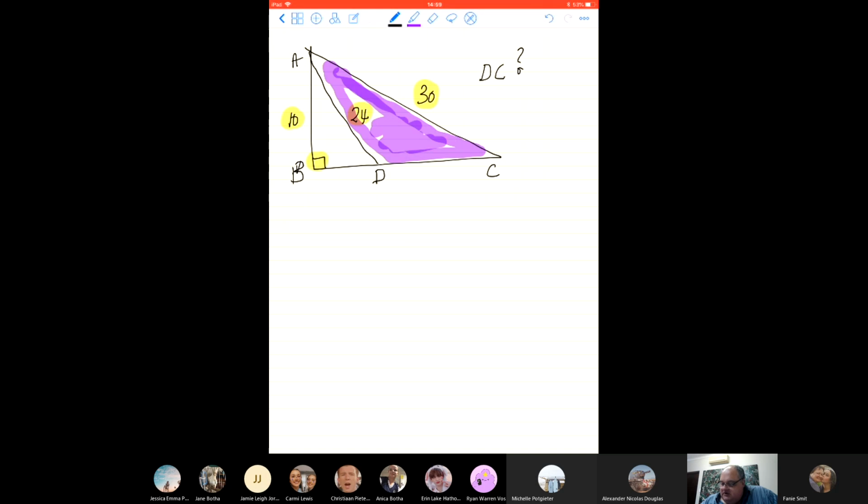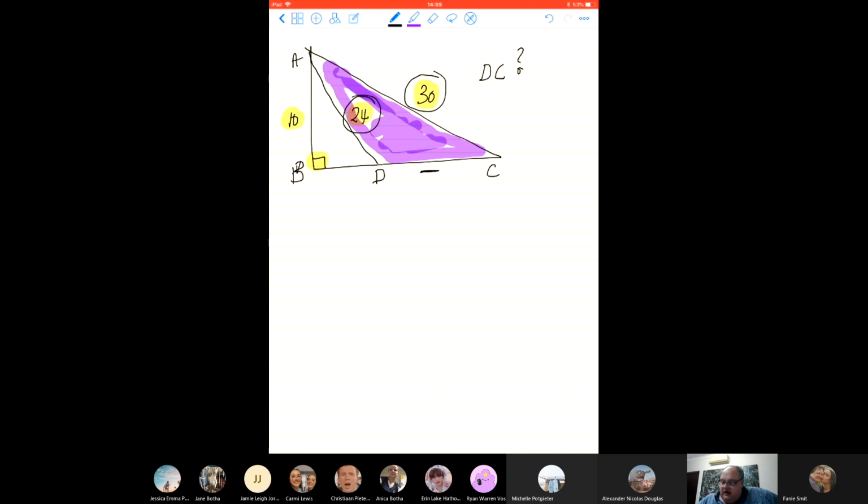So I cannot, for example, say that 30 squared is equal to 24 squared, and that will give me DC. If I say DC squared is equal to the longest side, 30 squared, minus 24 squared, that's going to be wrong, because this is not a right angle triangle.